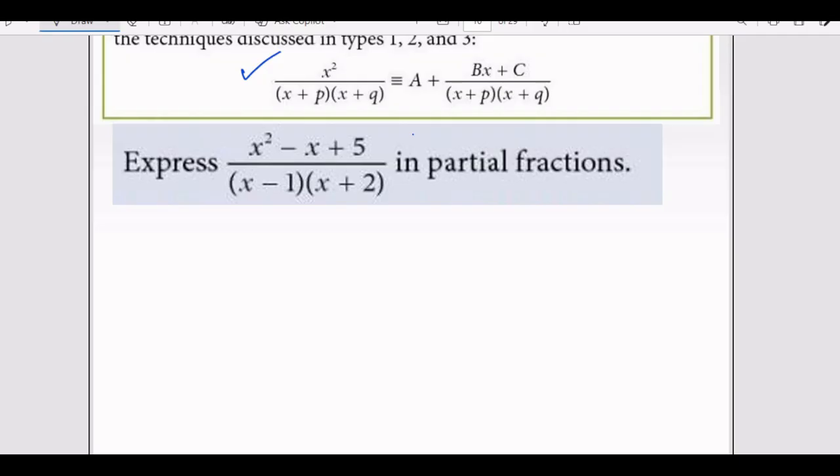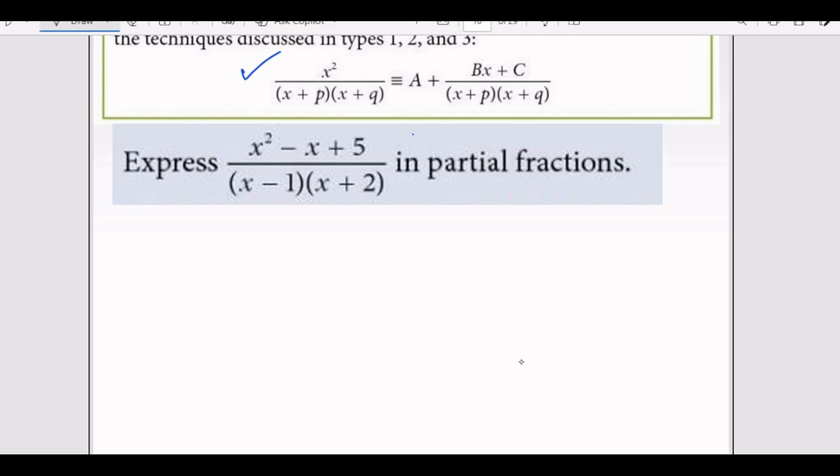So let's go through the examples for more understanding. We have this example, x squared minus x plus 5 over this, in partial fractions. We can assign values to x to find the values as we did previously. You can see that we have a polynomial of degree 2 divided by another.